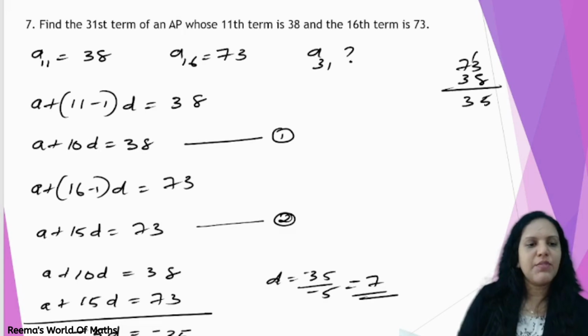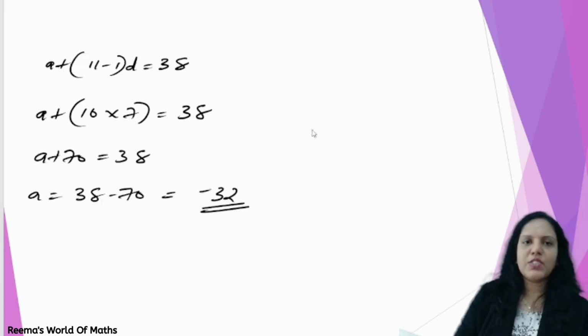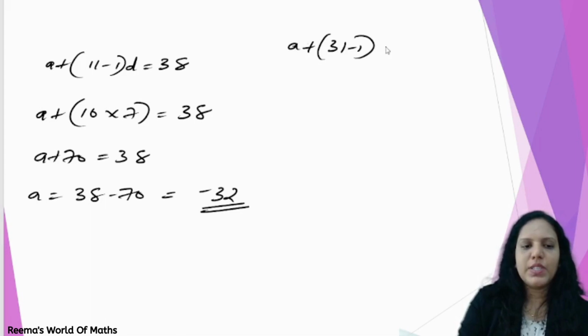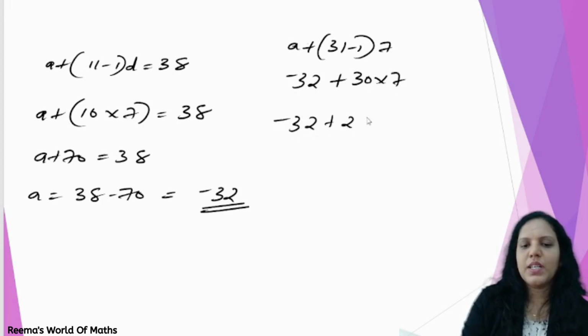So now let's find the 31st term. We can put that in the equation: A plus 31 minus 1 into D, which is 7. We need to find, with A equals minus 32, minus 32 plus 30 multiplied by 7, minus 32 plus 210.